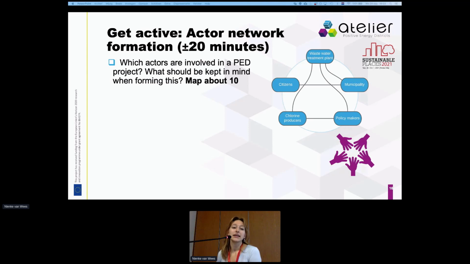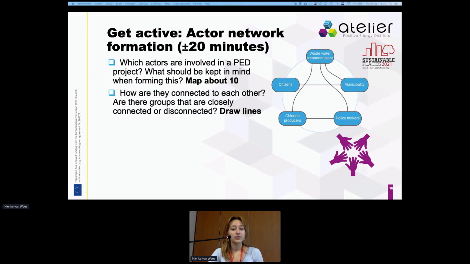Then the next step, when you've mapped about 10 of these, is to show the connection of these actors to each other. In what way are they connected, or are they disconnected from each other? Here you can see the wastewater treatment plant is in contact with the municipality about the ground they are on, or the way they function, or what they should expect.